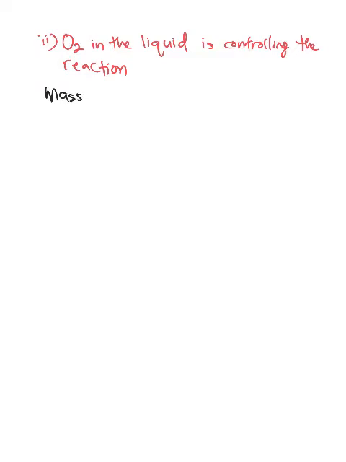Okay, remember if it is diffusion of oxygen in liquid, it means oxygen is already in liquid phase. So you need to calculate the change of the concentration of oxygen in gas phase to liquid phase. Alright, so mass balance.